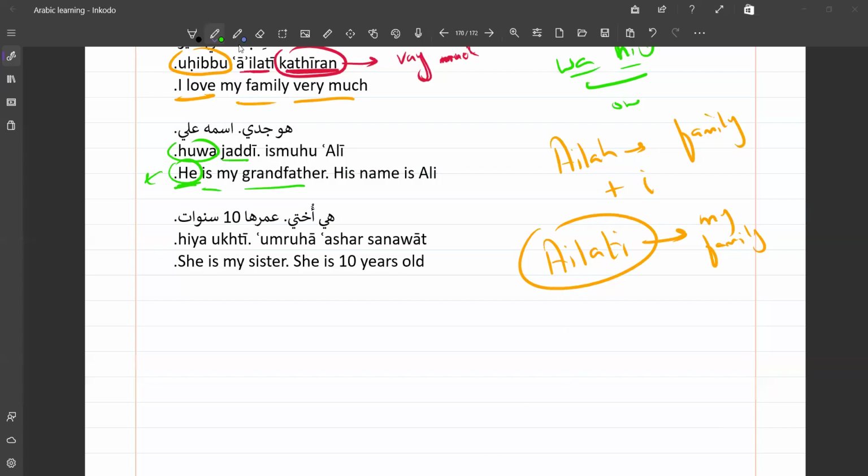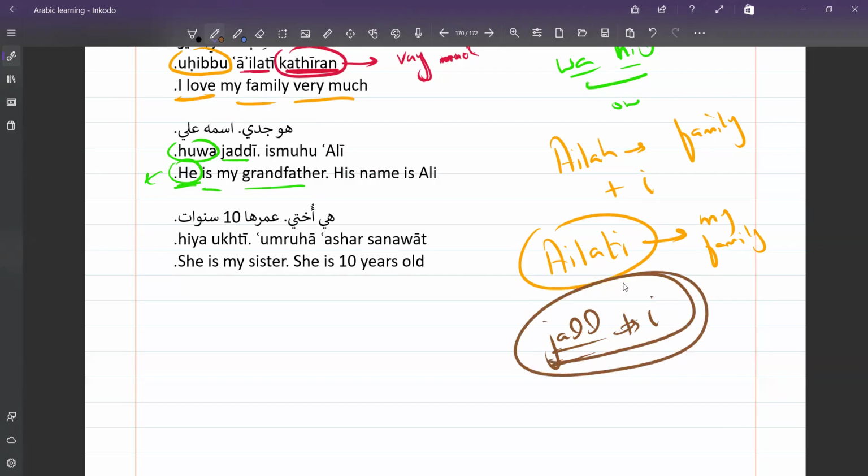Okay, so Jad in Arabic means, we have done this, grandfather. And if I add the word i in front of it, it means my grandfather. So if I say the sentence Huwa Jaddi, that means he is my grandfather. And then I say Ismuhu Ali.